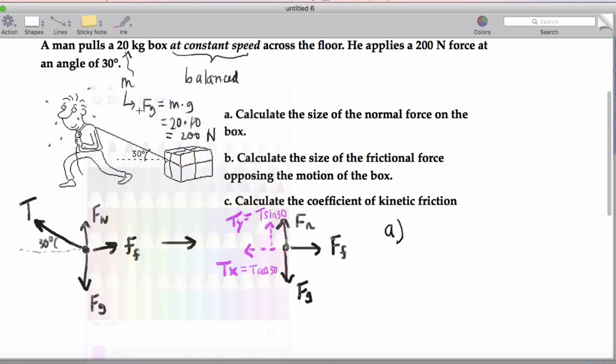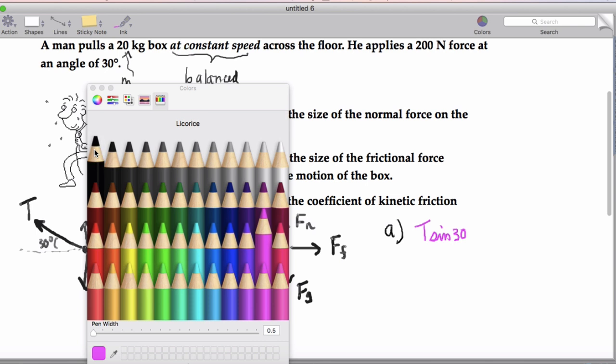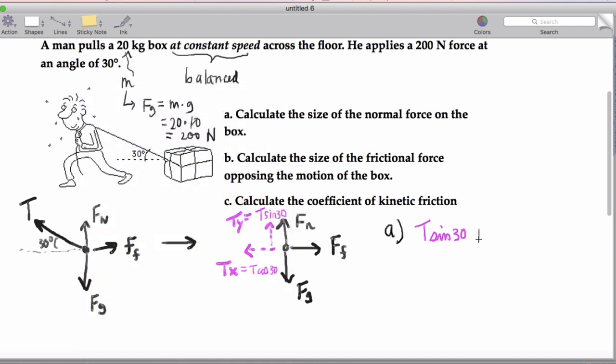So let's go ahead and set that up right now. I'm going to have T sine of 30 plus Fn going up minus Fg equals 0. Let's put in our numbers. So we're going to have 200, and the sine of 30, by the way, is 0.5.